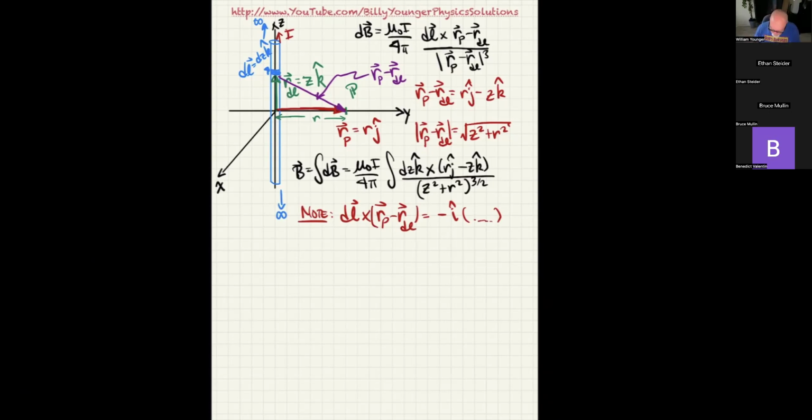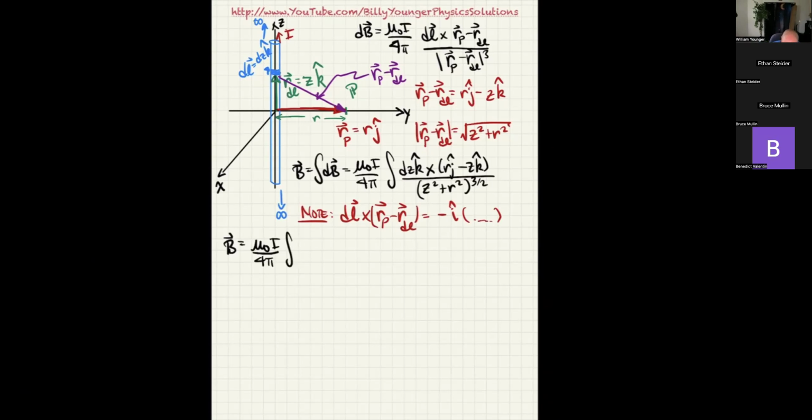So now what I can do is actually do the parts of the integral as it's shown here. What I can do is take the dz times the r j hat minus z k hat. All of this is basically going to be the magnitudes first. So B is now equal to mu 0 I over 4 pi times the integral.